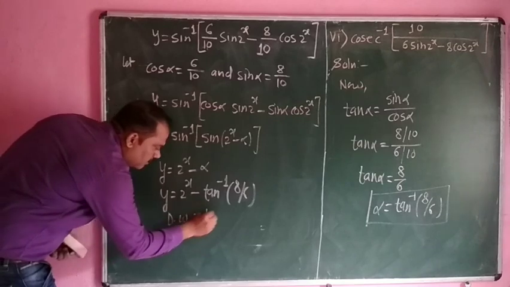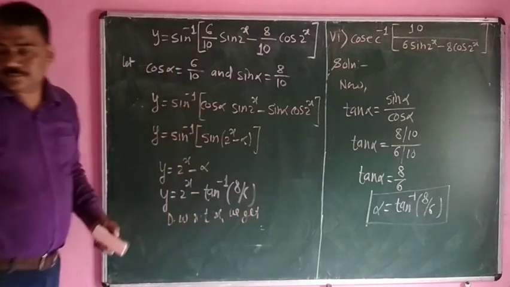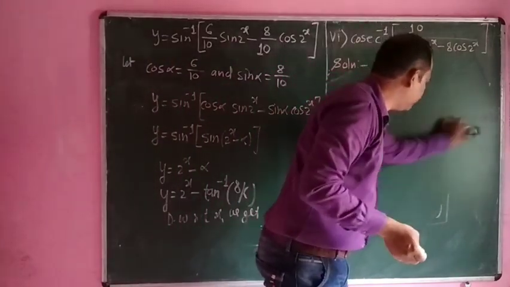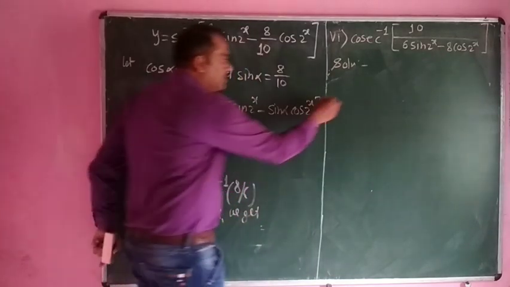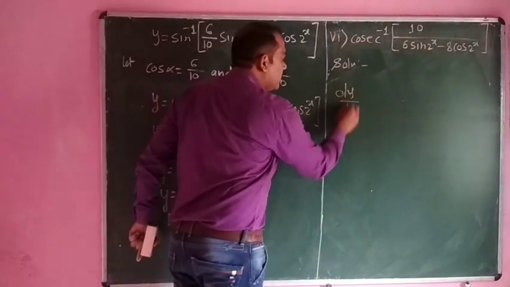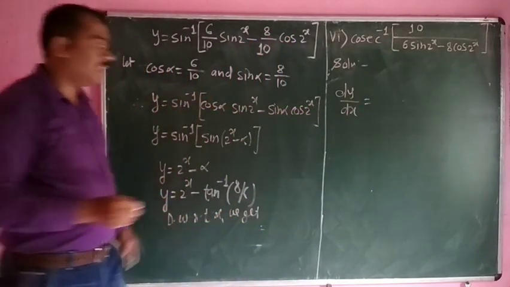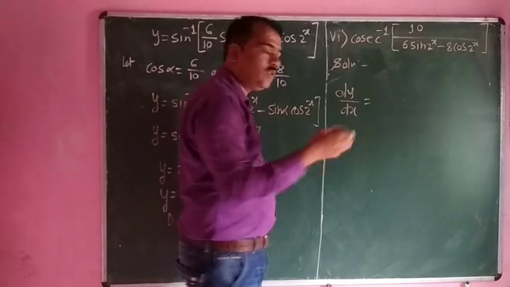Differentiating y with respect to x, we get dy by dx. Differentiation of 2 raised to x is related to the formula for a raised to x, which is a raised to x into log a.